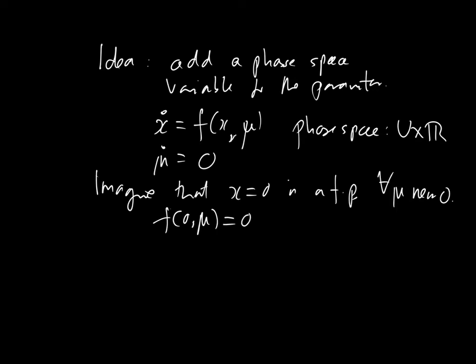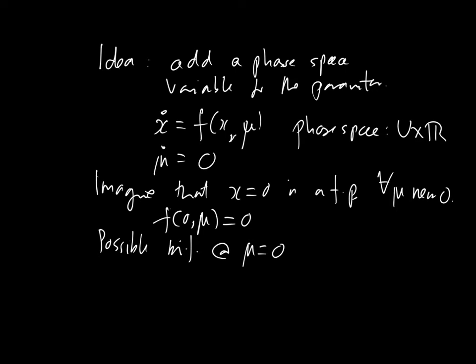And as mu varies, 0 stays a fixed point. But let's say at mu equals 0, we have a possible bifurcation. So how is that registered? Well, that's going to be registered basically by a degeneracy in the linearization.